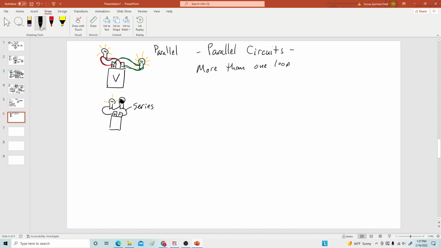There's no complete path for the current to flow, and without a complete path, both light bulbs are not lit. But when you connect things in parallel, because each light bulb has its own independent path, even if one burns up or shorts out, the other one stays lit.